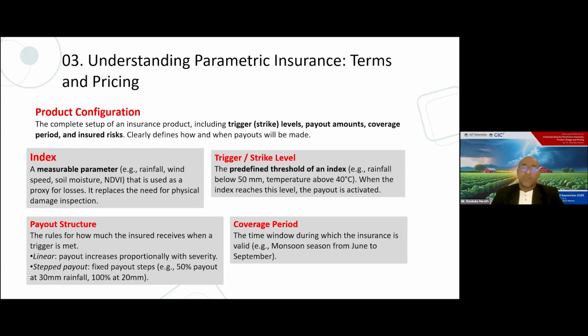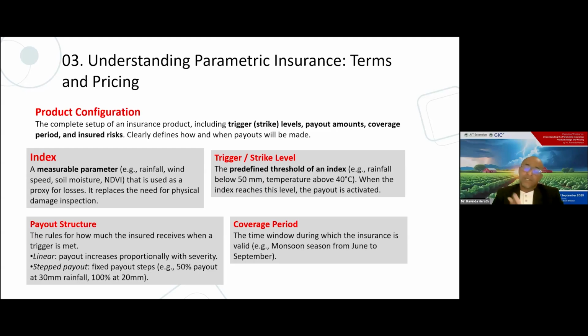Coverage period is most important because in designing parametric insurance, the data and all historical events are always based on this period. The covering period of the crops or any event should be defined in the insurance, because all this risk is concentrated in this period, right?